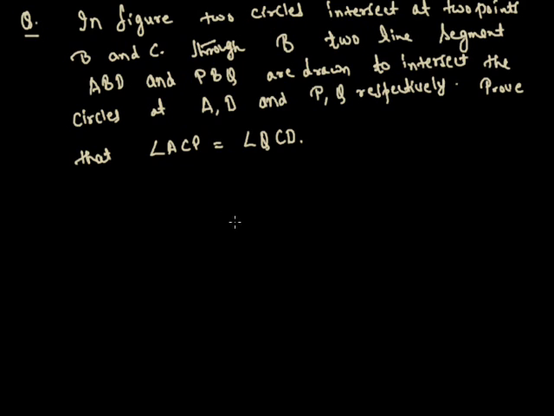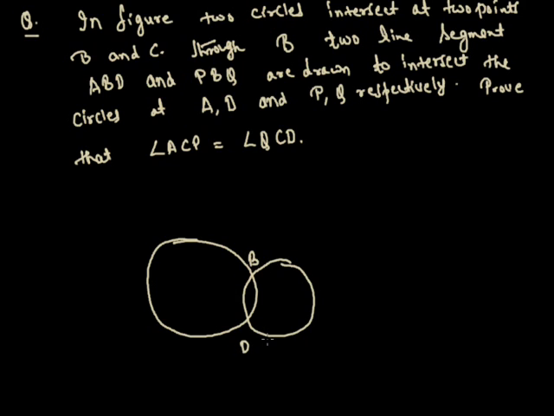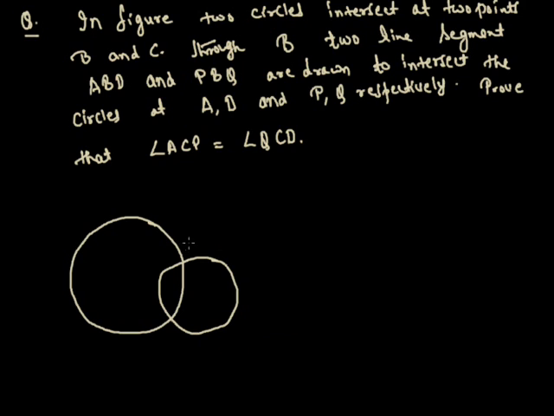The figure is given. Two circles intersect at B and C. Now two line segments ABD and PBQ are drawn to intersect the circles at A, D and P, Q respectively.